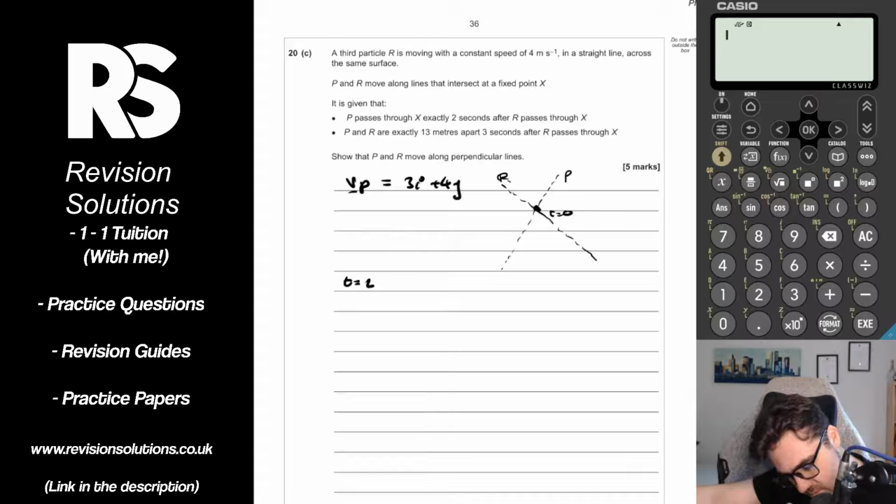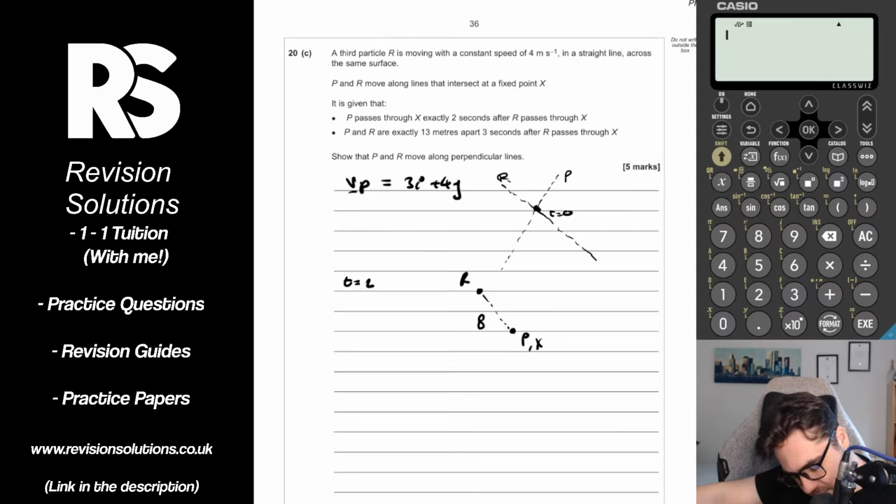So we've got our boat P, which is at X, and R has traveled to here, at a velocity of 4 meters per second. So that would be a distance of 8.